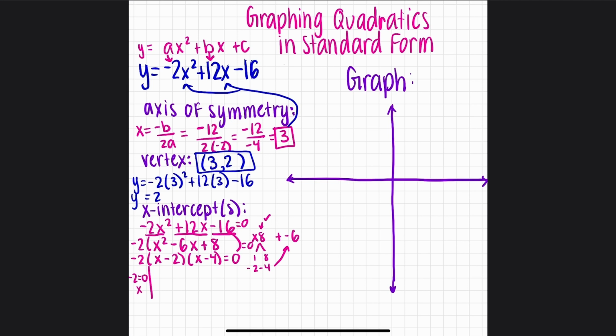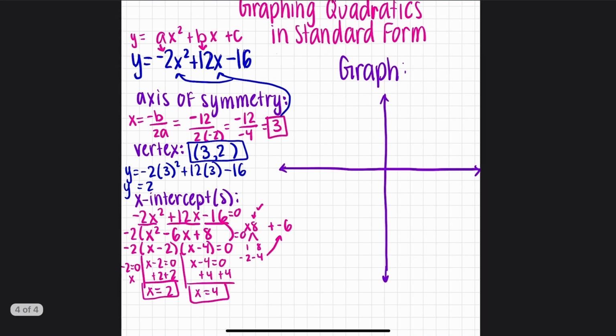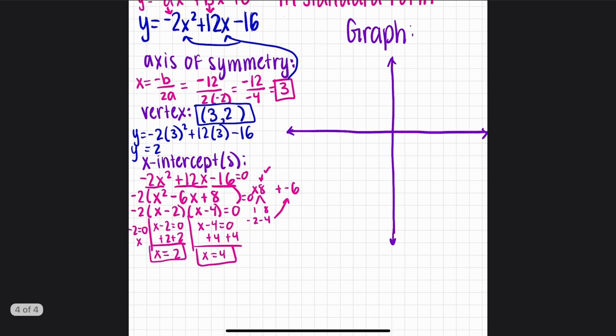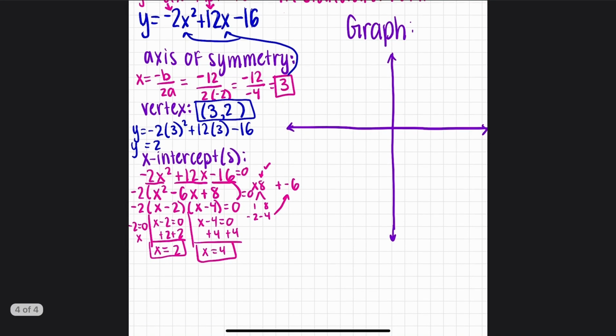That does nothing, so don't worry about that. X minus 2 equals 0. X minus 4 equals 0. And solve any of the ones you can. So I undo subtraction with addition. So x equals 2. There's one x-intercept. Undo subtraction with addition. X equals 4. So those are my two x-intercepts.